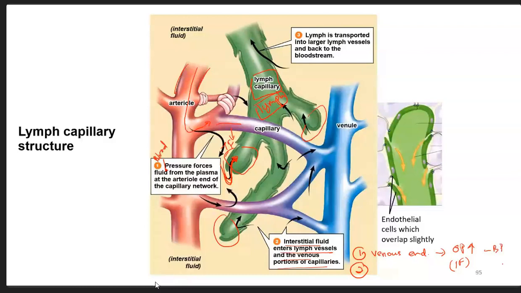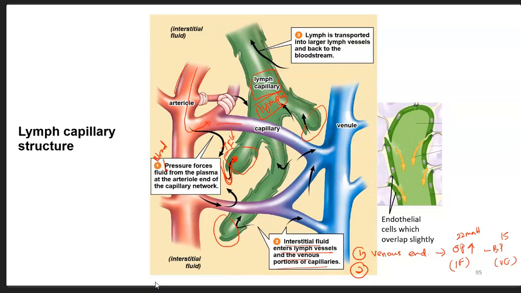Earlier, the osmotic pressure was 22 mm of mercury, while the blood pressure in the venous end is 15. So 22 versus 15, obviously 22 is higher. So this fluid will enter from the interstitial fluid back into your blood circulation.